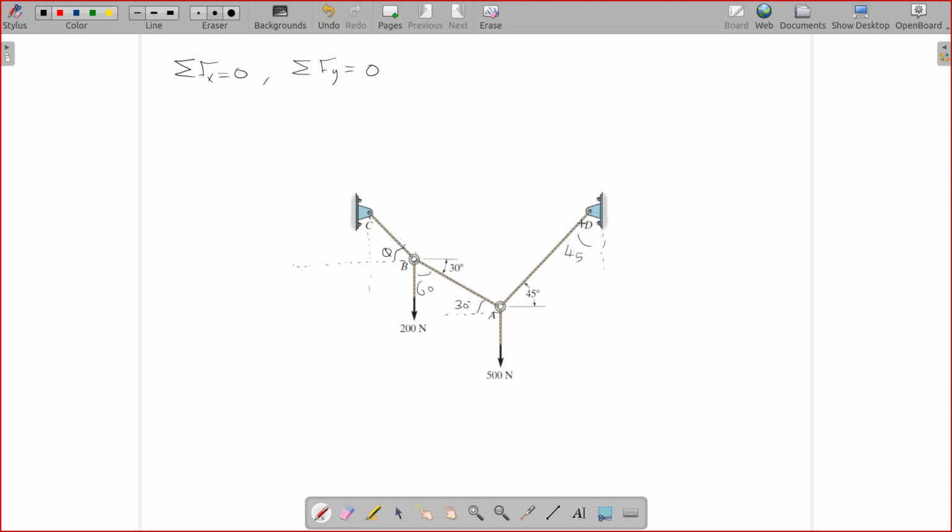Let's say what happens in location D. You have a tensile force.